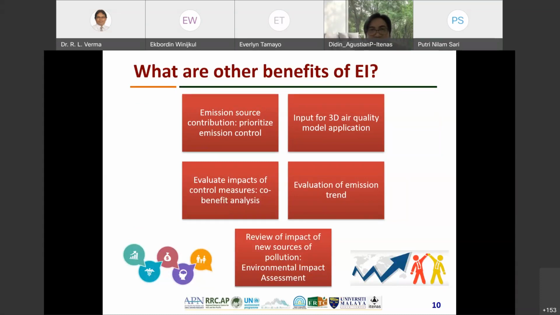It can be used for three-dimensional air quality model applications to evaluate the impacts of control measures, to evaluate the achievement of a policy measure, to evaluate the emission trend, and also to review the impact of new sources of air pollution. Basically, this will be under the environmental impact assessment.